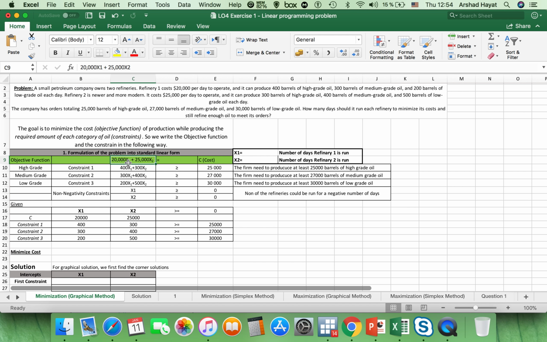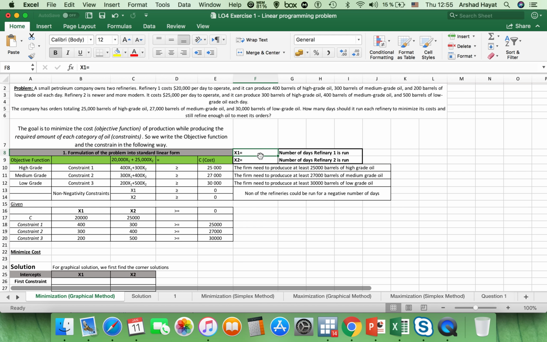What is this equation? Let's define x1 as the number of days refinery 1 is run, and x2 as the number of days refinery 2 is run. Why do we call these control variables?